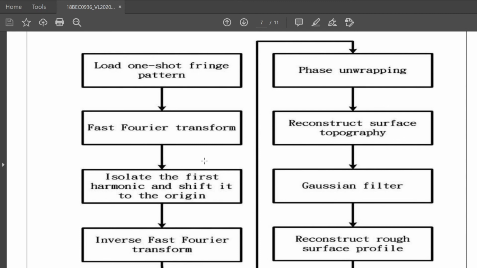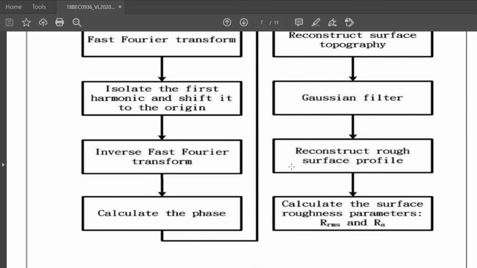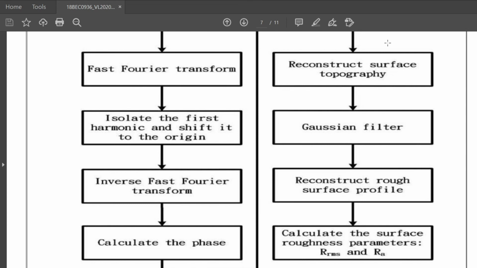To make a noisy image look smoother, we use a Gaussian filter. Similarly, we use it here, and this reconstructed surface topography is given to the Gaussian filter, and after coming out from the Gaussian filter we reconstruct the rough surface profile.